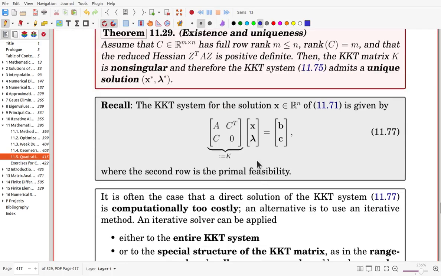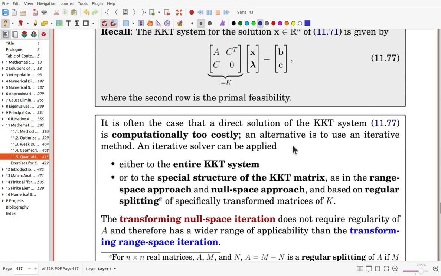Okay, this is a recall. We rewrite the system here. Now we have some comments. This KKT system can be solved by using a direct method. However, when the problem size is large, it'll be quite expensive.